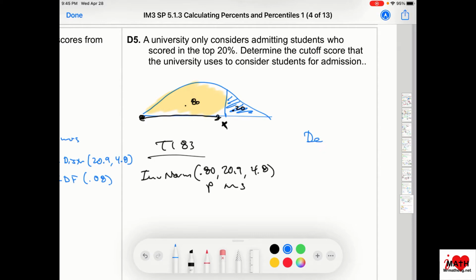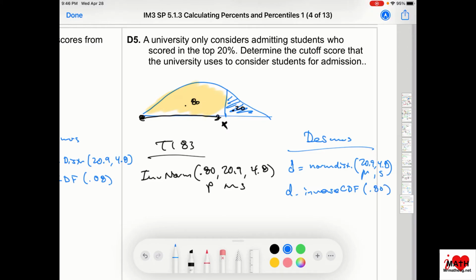If you're using Desmos, we have to type in the calculator command D equals normal distribution of the mean and standard deviation, the M and the S. So this would be 20.9, 4.8, and then D dot inverse cumulative density function, which is 0.80.